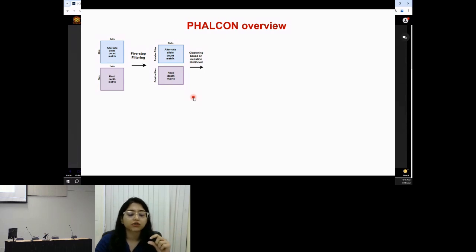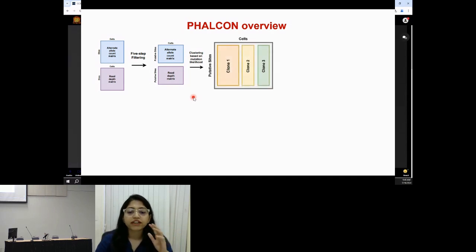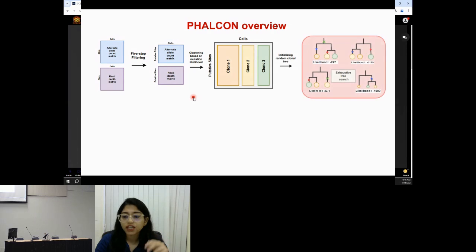Using these mutation likelihood matrices, we cluster the single cells. After we have found the clonal substructure of the tumor, we initialize a random clonal tree and make it go through an exhaustive tree search in the phylogenetic space, and the maximum likelihood tree is chosen from there.